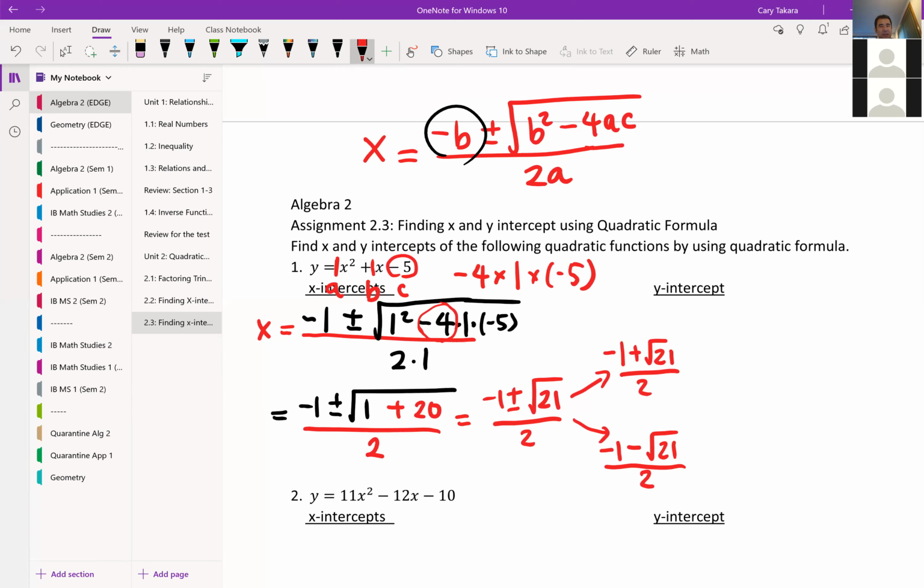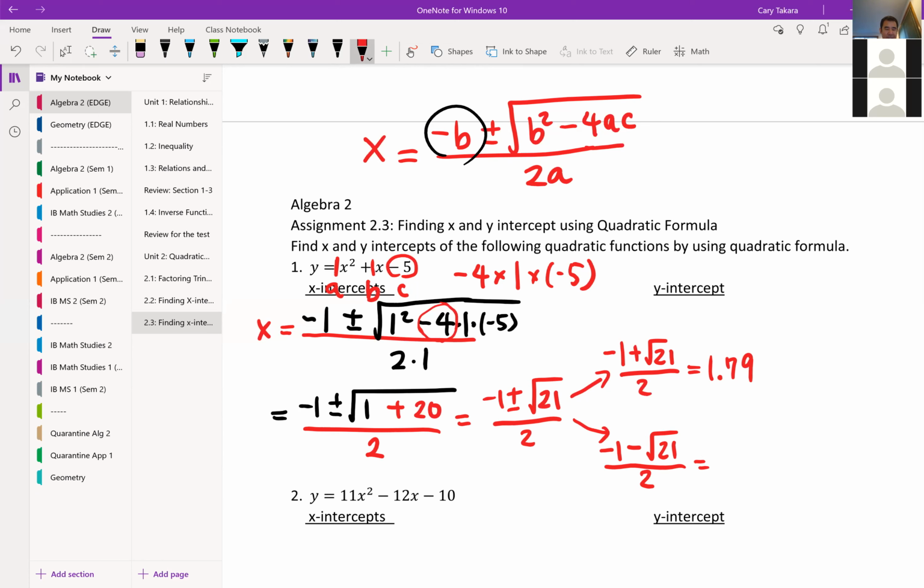So let's figure out, guys. -1 plus the square root of 21, and then enter, and then divide by 2. I get 1.79. Let's just do 2 decimal places.